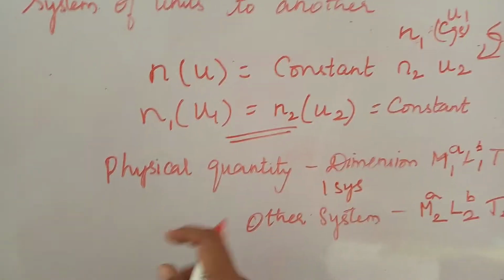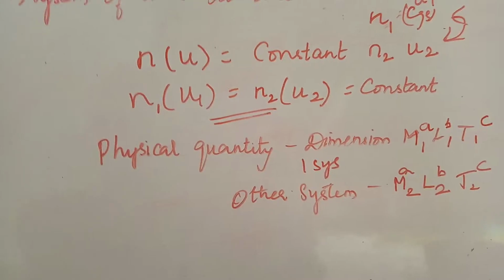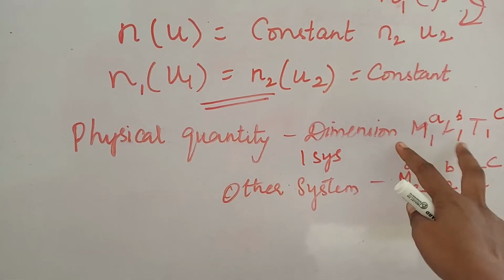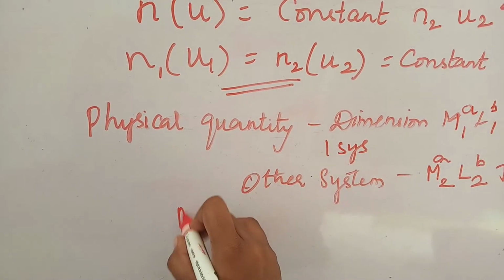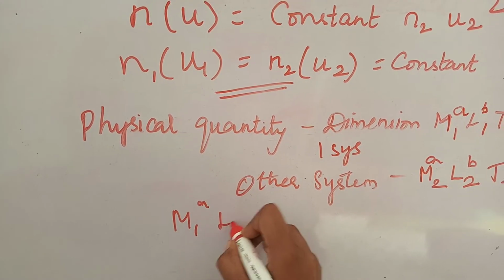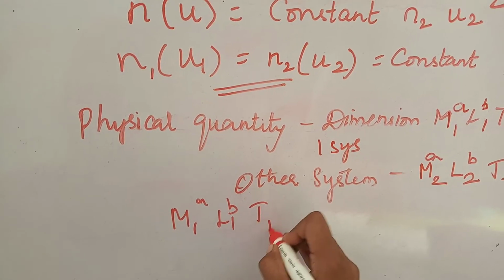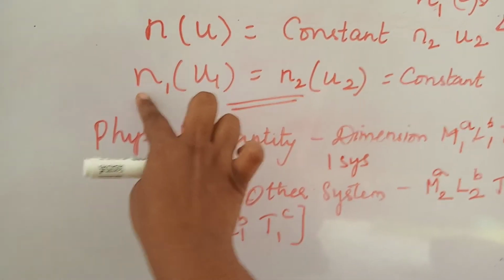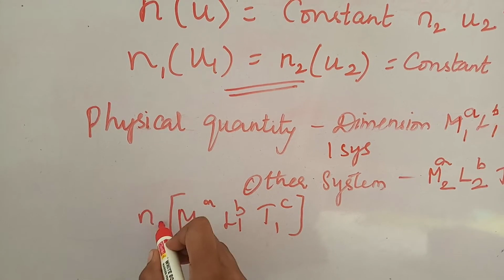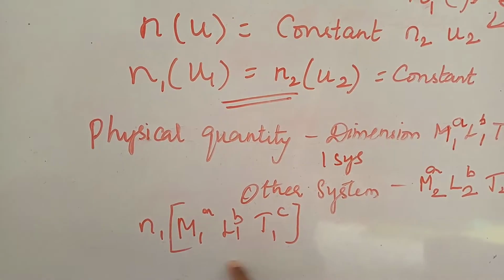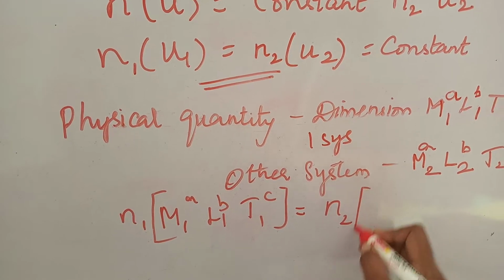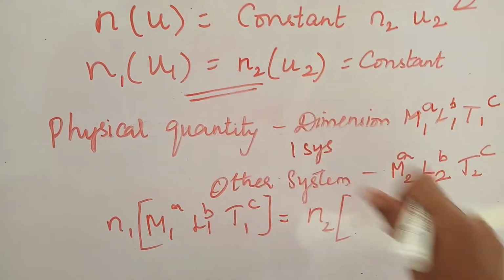So when you write it in equation format, it would be the first dimensional value in one system, M1 power a, L1 power b, T1 power c, into number n1. n1 into the unit of the first system is equal to n2 into the unit in the other system.